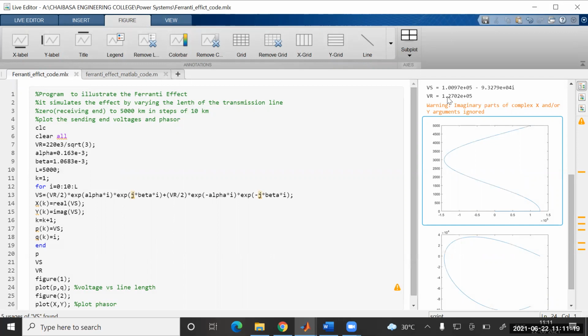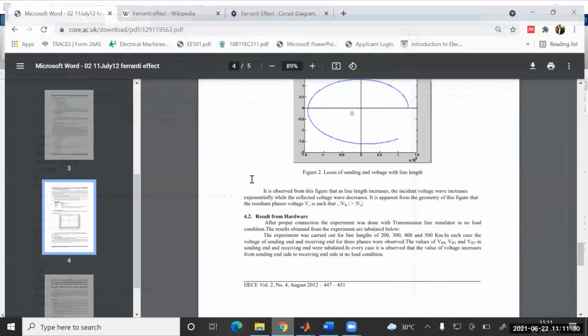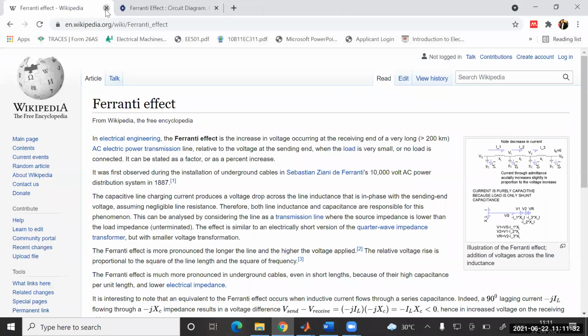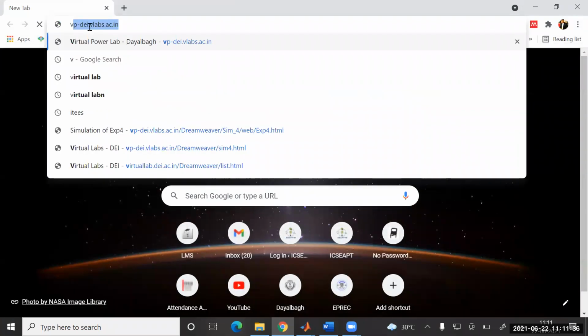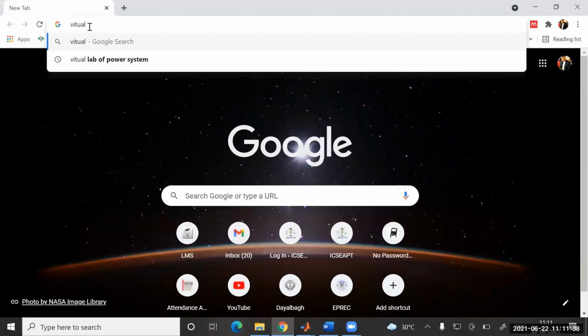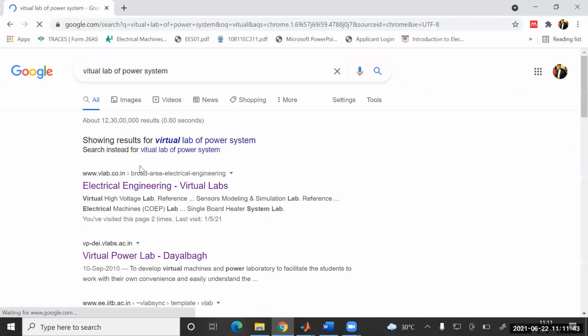I have utilized the MATLAB part. I was hoping to do it with the help of the virtual lab, but the virtual lab is not functioning. We'll see once if it is working.